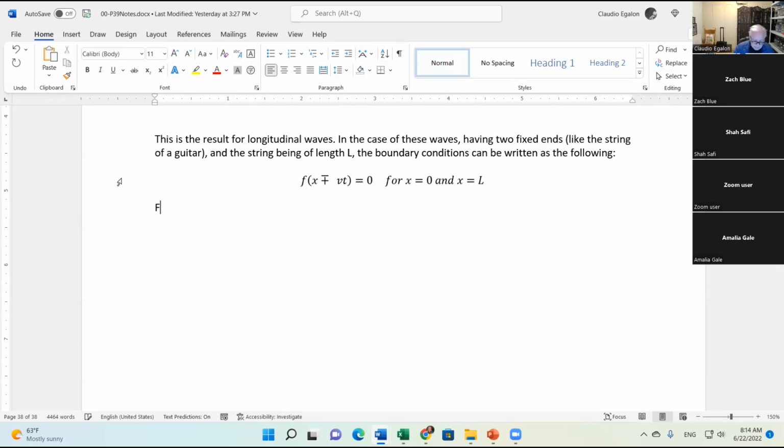Okay, for standing waves, for longitudinal standing waves, we have something similar.